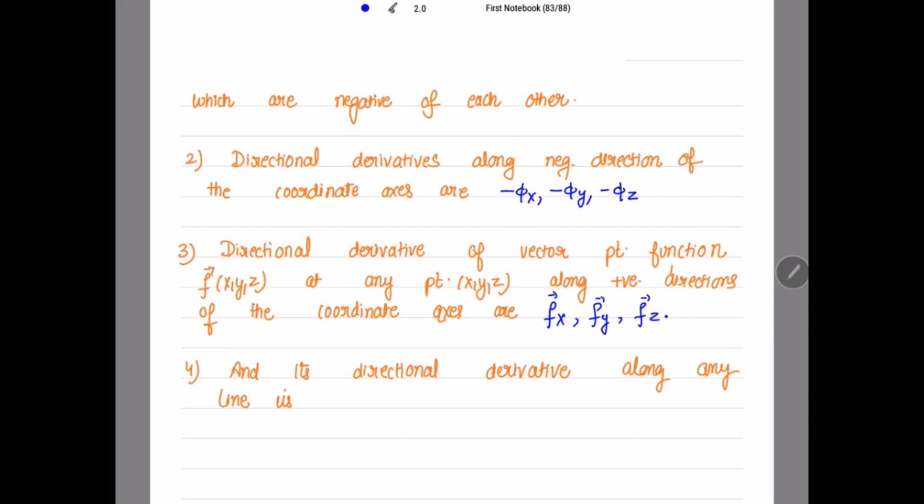But if we talk about its directional derivative along any line, then it will be a sum with the direction cosines. So this will be L fx vector plus M fy vector plus N fz vector. Clear?